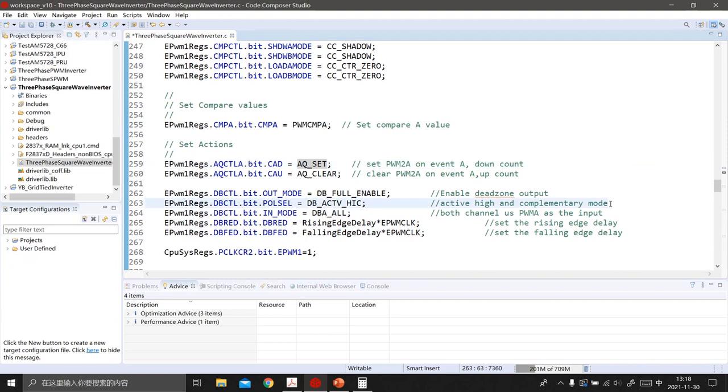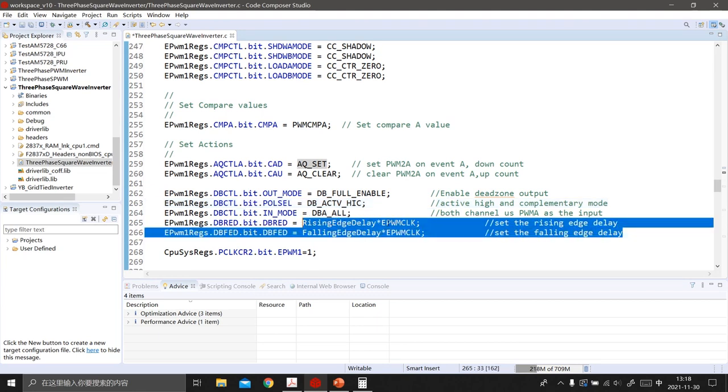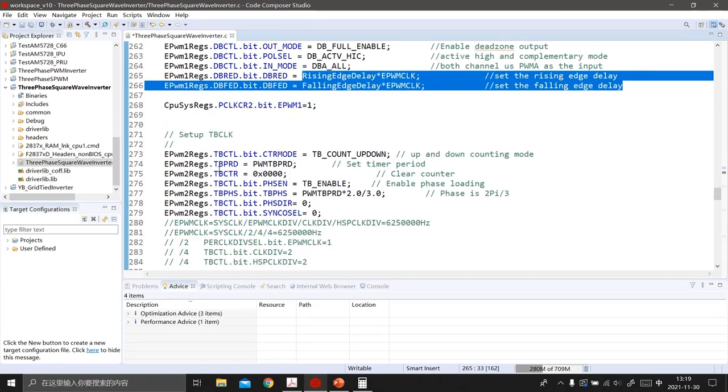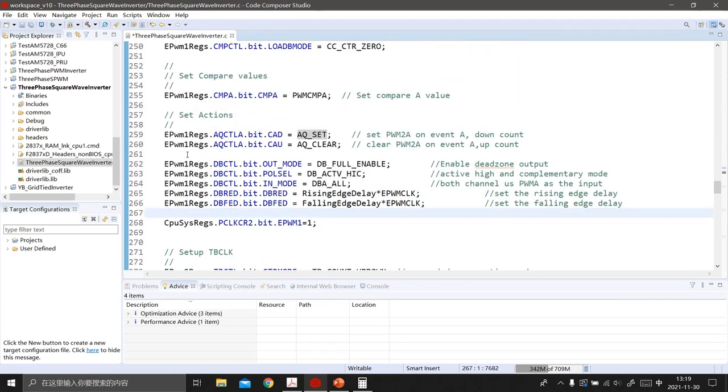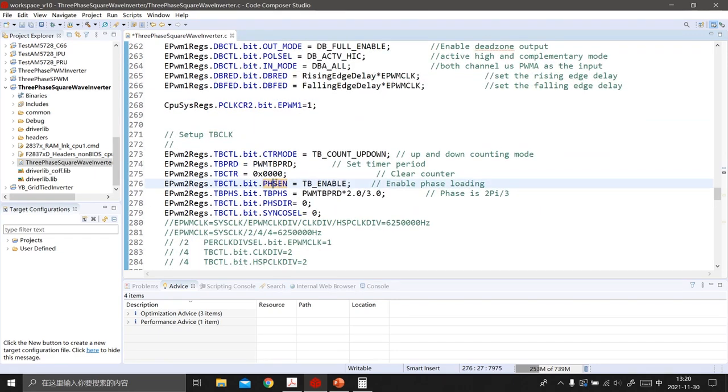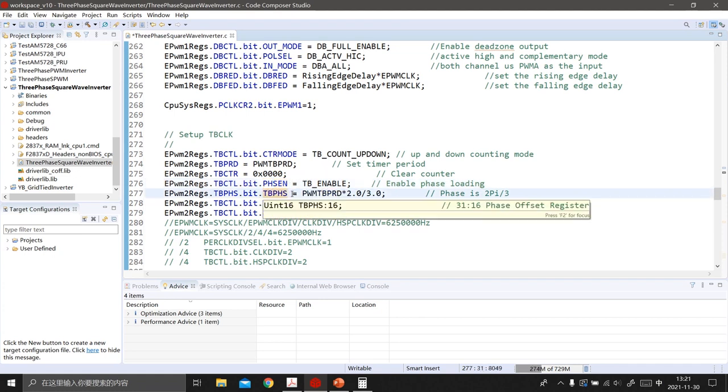And all three PWM modules are operated in the complementary mode, and their dead time is set to 10 microseconds. The difference for each EPWM module is in the phase shift setting. So here EPWM1 is used as the reference. For EPWM2, its phase shift function is enabled by setting the PHSEN flag to 1. The value of TBPHS is TBPRD multiplied by 2 and then divided by 3.